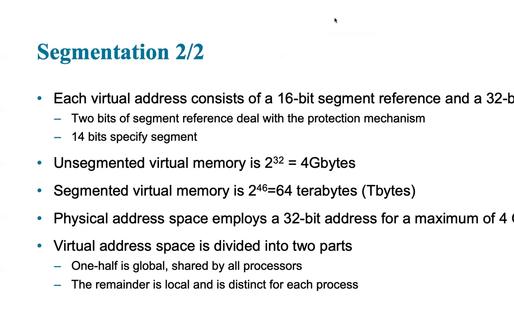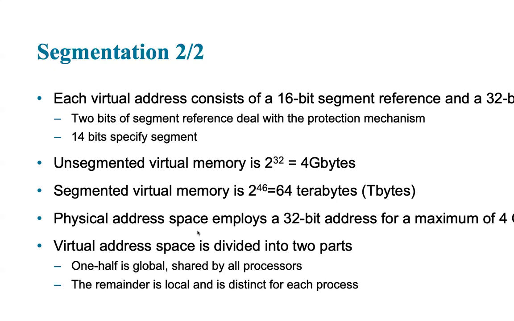This just gets into a little bit more detail in terms of segmentation. Each virtual address consists of a 16-bit segment reference and a 32-bit offset. Unsegmented virtual memory is 2 to the 32, which is 4 gigabytes. Segmented virtual memory is 2 to the 46, 64 terabytes, and so that's a lot of memory that's available.